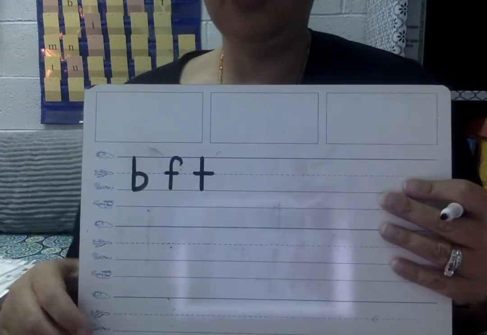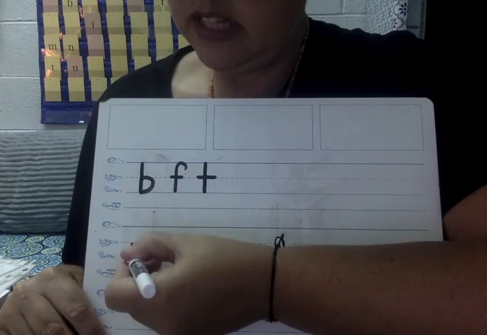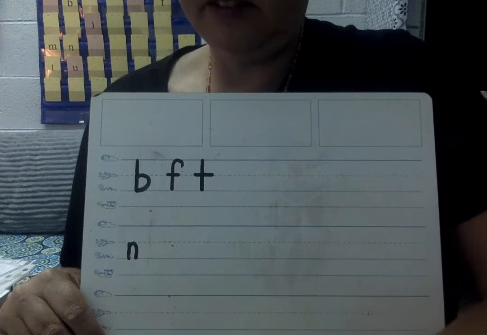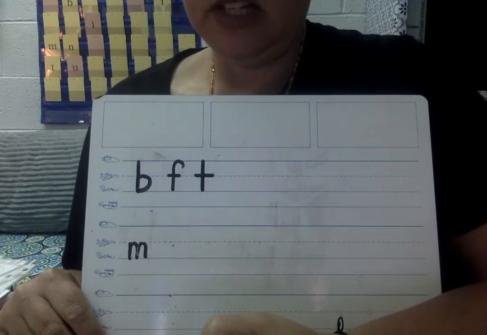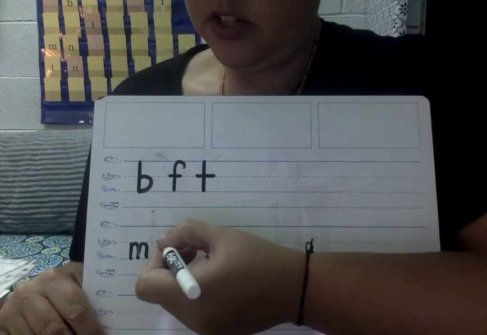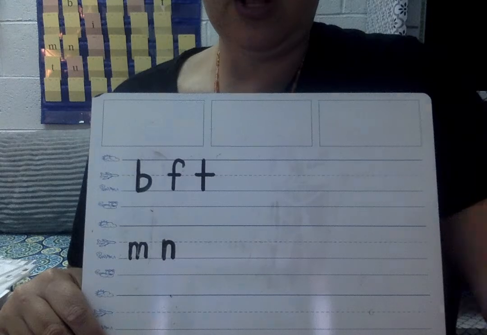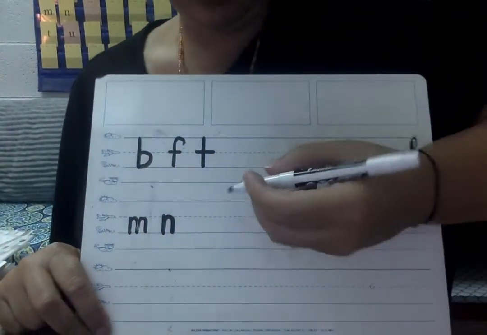And now we have some new plain line letters. We have our M, remember, plain line, stick straight down, trace back up, hump 1, and hump 2. And our letter N that we did yesterday, straight line down and trace back up and just one hump. And then today we're going to add those 2 vowels.